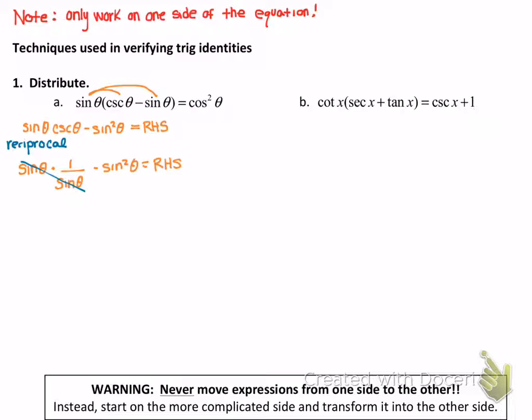So then we're left with 1 minus sine squared theta. Now we want it to equal cosine squared theta, so if you look at your Pythagorean identities, 1 minus sine squared theta equals cosine squared theta. So you have to go one more step further to verify, and our right hand side is cosine squared theta, so this is where we end.